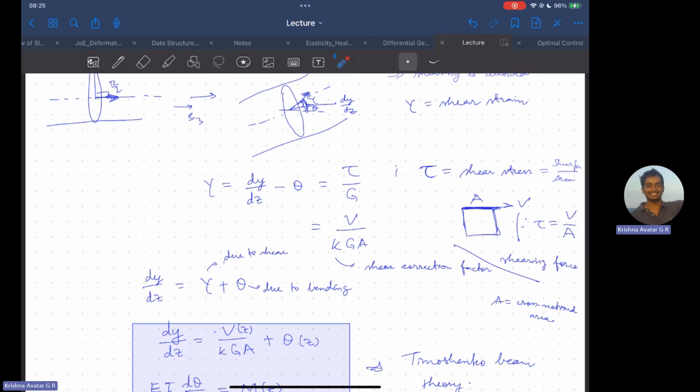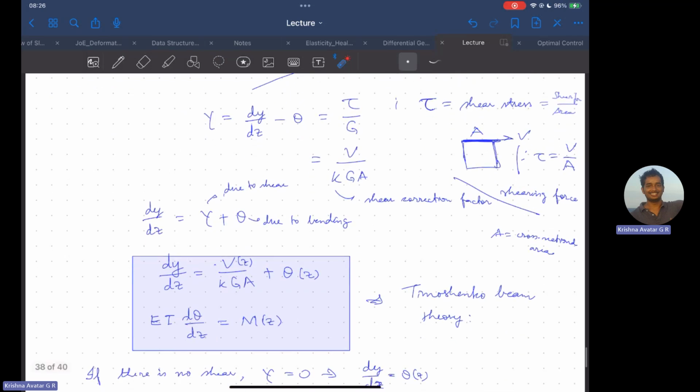It has some distribution, it will vary, say, parabolically as an example. So we want to take it as a mean quantity. That's the reason we divide by the shear correction factor, so as to capture the mean variation, so to speak, of the shear stress on the cross section, right?